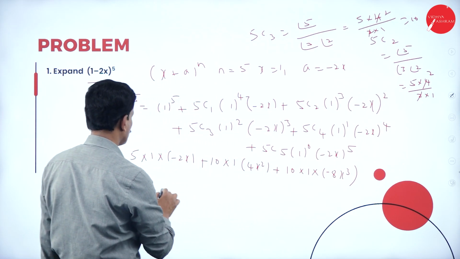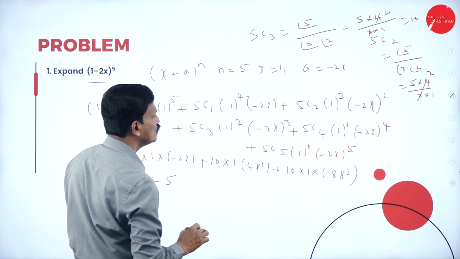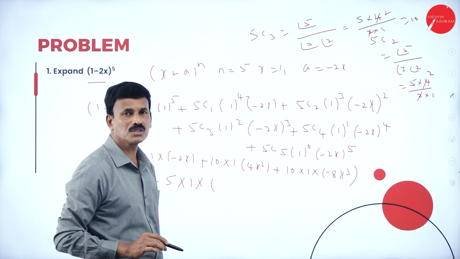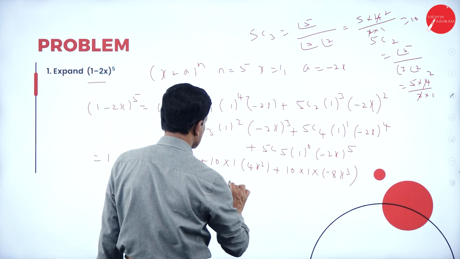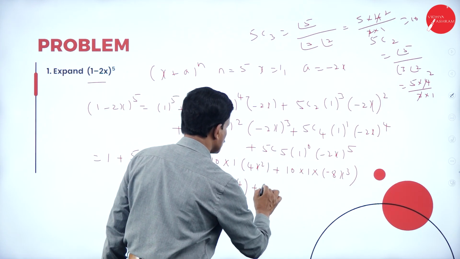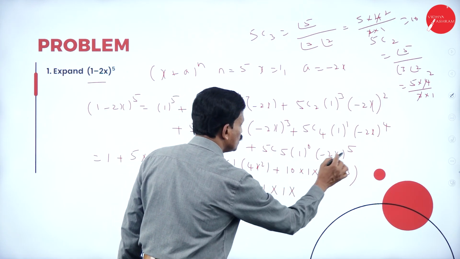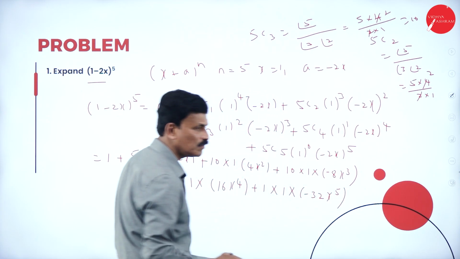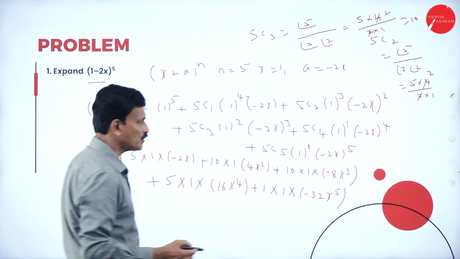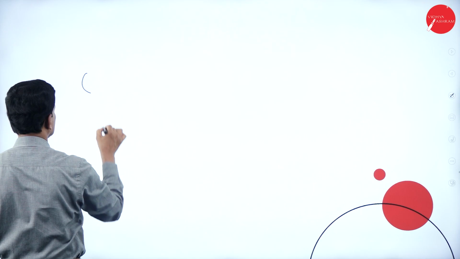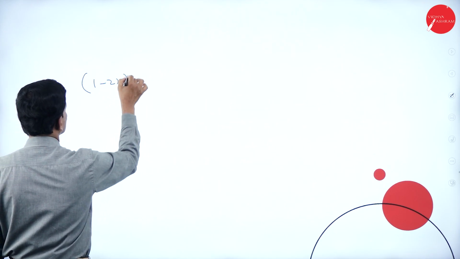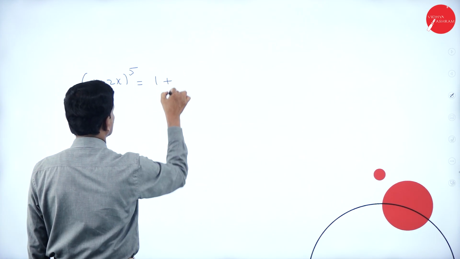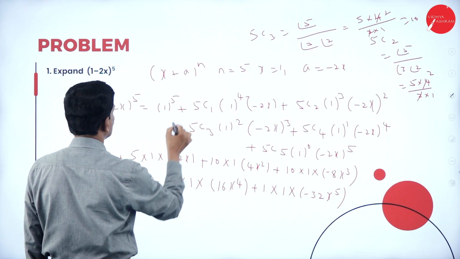Again 5c4. 5c4 is equal to 5 into 1 into minus 2 to the power of 4. 2 2s are 4, 4 2s are 8, 2 8s are 16. This is plus 16x raised to 4. 5c5 is 1 into 1 power 0 is 1 into minus 2 to the power of 5 is minus 32x to the power of 5. Simplify this. What is the answer we are going to get? Now (1 minus 2x) to the power of 5 is equal to 1 plus 5 into minus 2 is minus 10x.